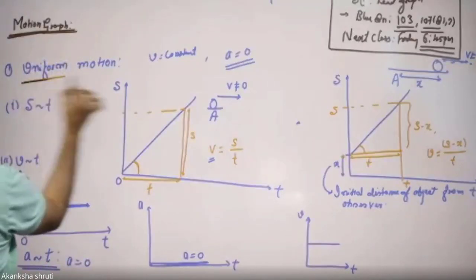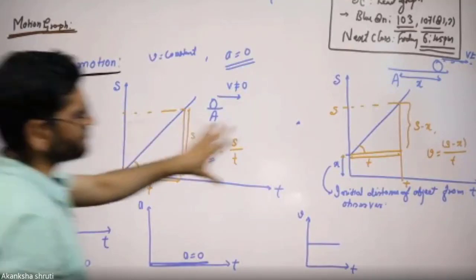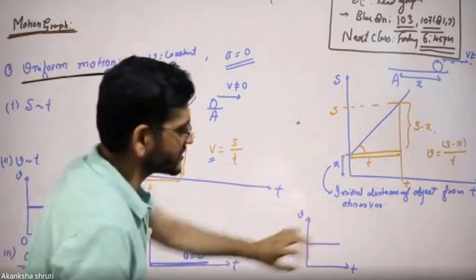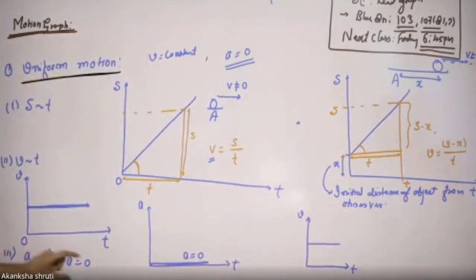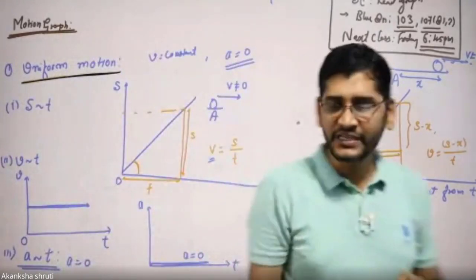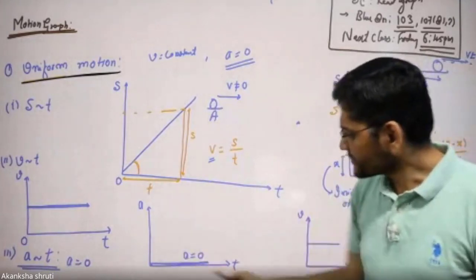This way, for the first case, uniform motion, we have plotted the distance time graph, the speed time graph, and the acceleration time graph. So keep in mind, if any of these graphs is given, say the AT graph is like this one, whose graph is this?